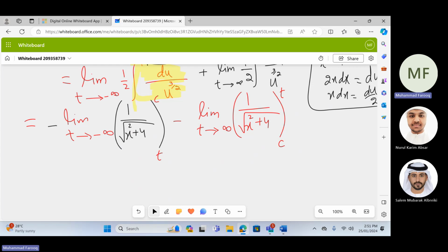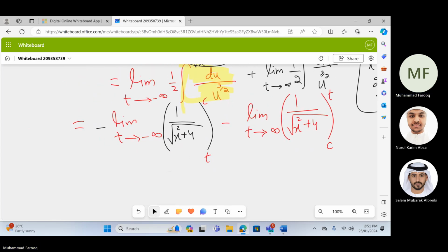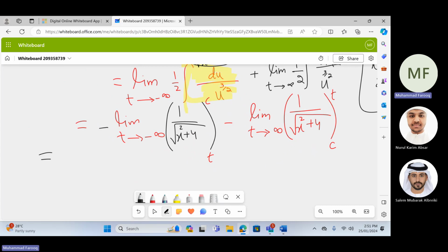Now, upper limit in the answer minus lower limit in the answer. So here we have a negative sign, limit t approaches infinity. What's the upper limit? 1 over the square root of c squared plus 4 minus 1 over the square root of t squared plus 4.